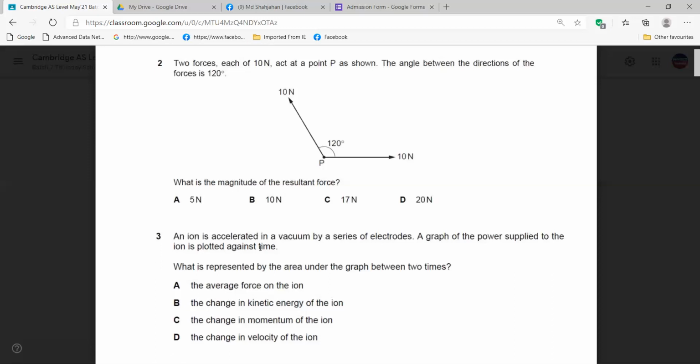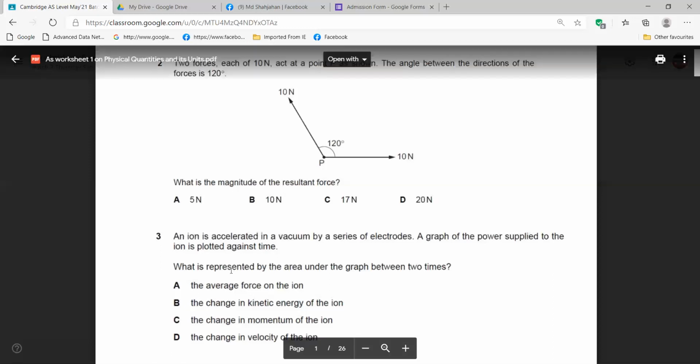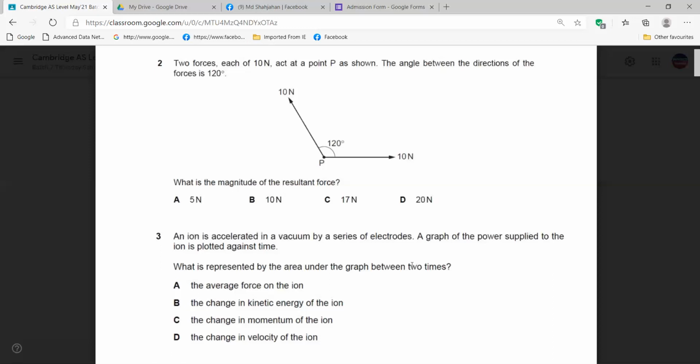So you know that if you are plotting power and time, using power and time we have another quantity that is energy, right? Yes, sir. So what is represented by the area under the graph between two times? If we are drawing it here, you can also take this note in your copy.